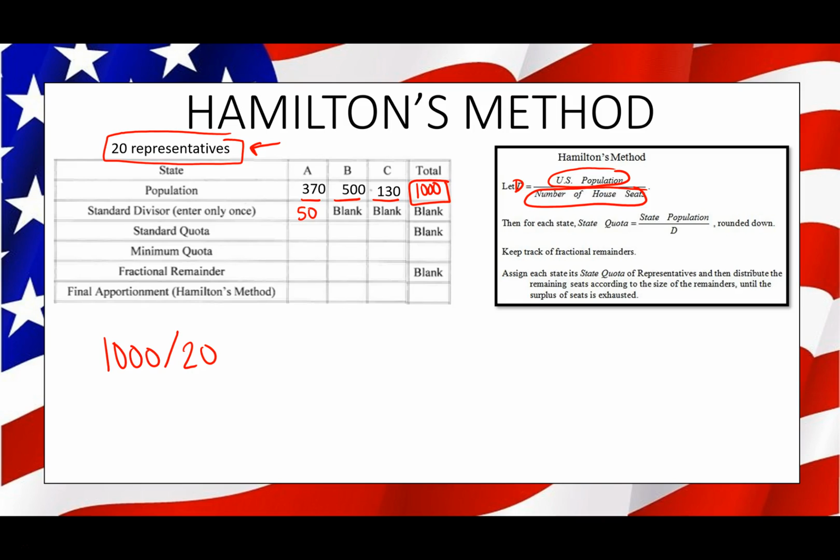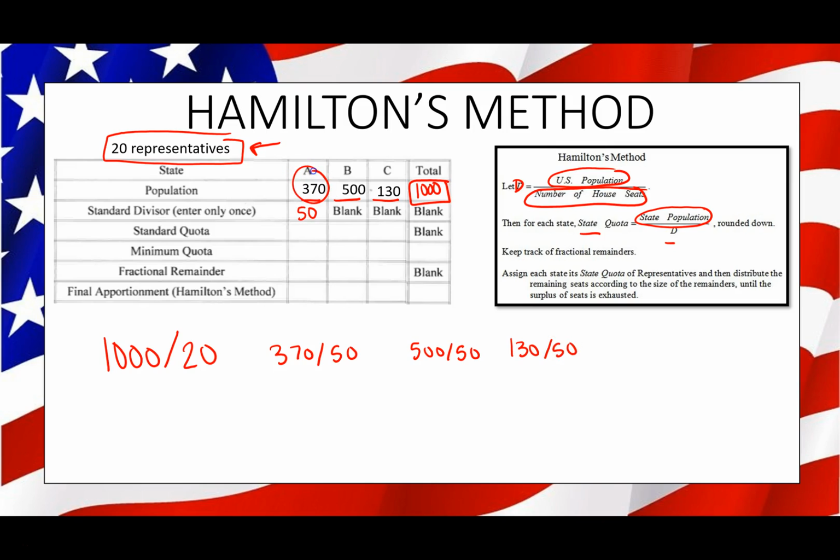It's really helpful. Then for each state, our standard quota is the state population divided by D. So I'm going to take 370 and divide it by 50. And then I'm going to take 500 and divide that by 50. And then I'm going to take 130 and divide that by 50.